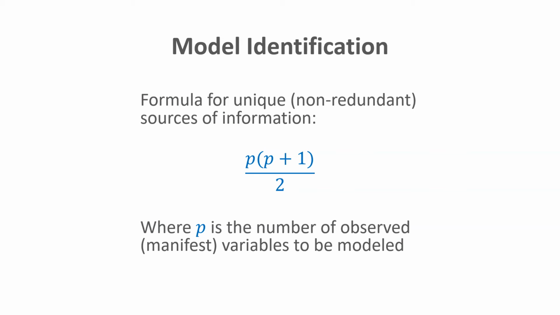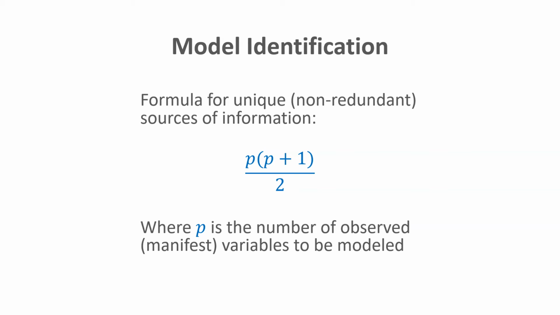So let's talk about model identification now. When we're talking about model identification, we're really referring to what are those sources of unique or non-redundant information that we have access to in our data, and specifically the variables that are observed that we are specifying within our confirmatory factor analysis model.